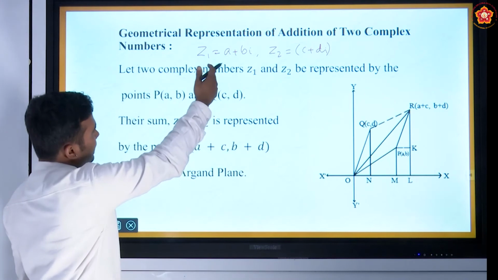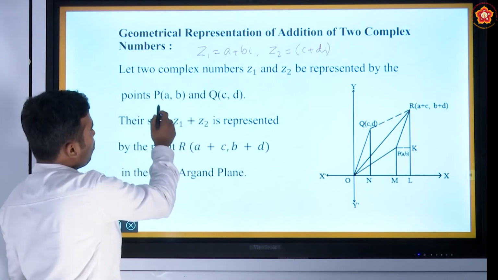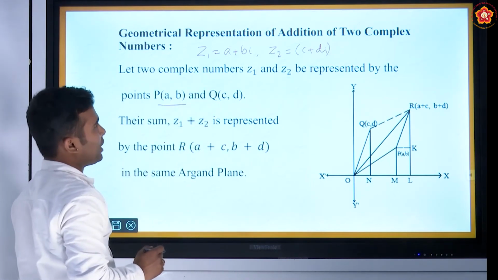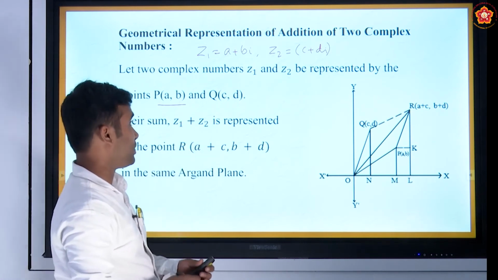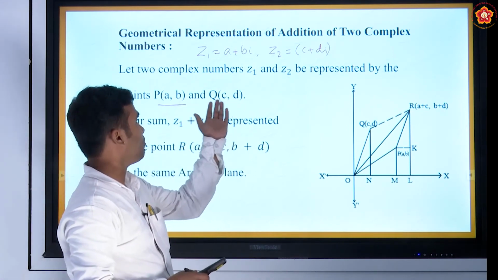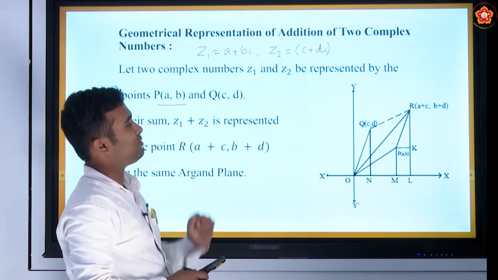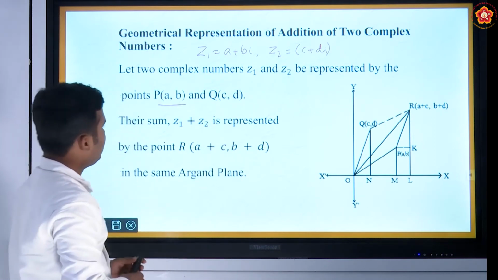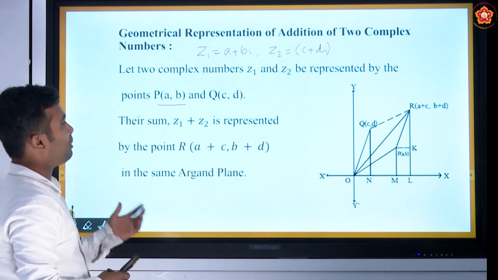Those can be represented in the form of a point P of (a, b), and the other complex number z2 can be represented as a point Q of (c, d). Their sum will be what?